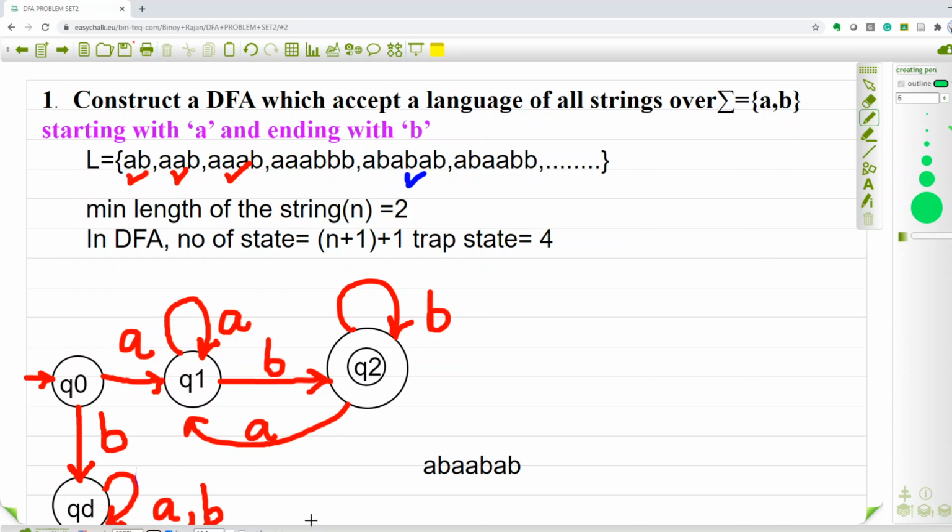Okay, so I'm in Q0 with A as the input symbol. Okay, I reached Q1, and with B as the input symbol from Q1, I reached Q2.